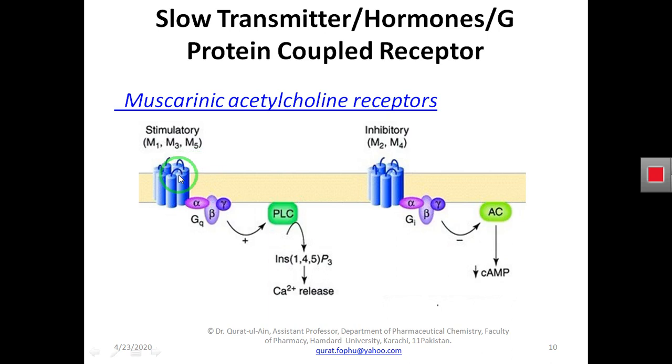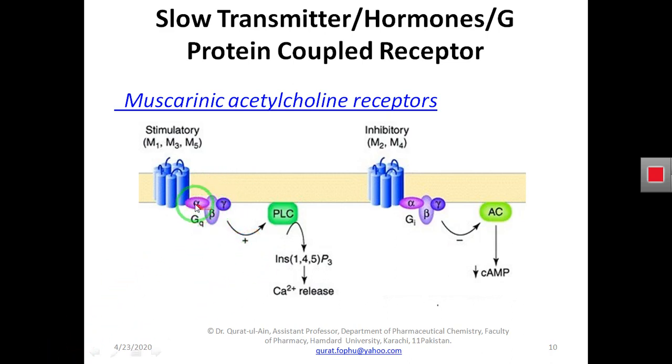It causes a conformational change in the receptor, and this conformational change attracts the G protein. The G protein that is present in the GDP bound form, the inactive form in the cytoplasm, then exchanges to the GTP bound form, the active form.